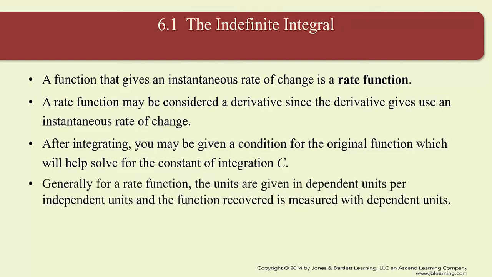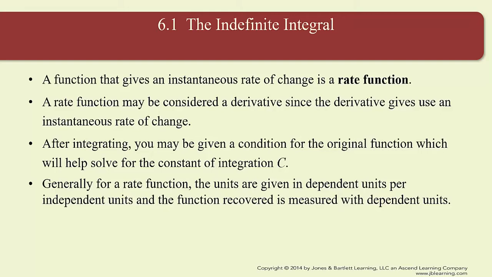Now, generally for any rate function, the units are given in dependent units per independent units, and the function recovered is just measured with dependent units. So think about what that means. We've done a lot of work in the first half of the course of coming up with the derivative, evaluating it, and interpreting.